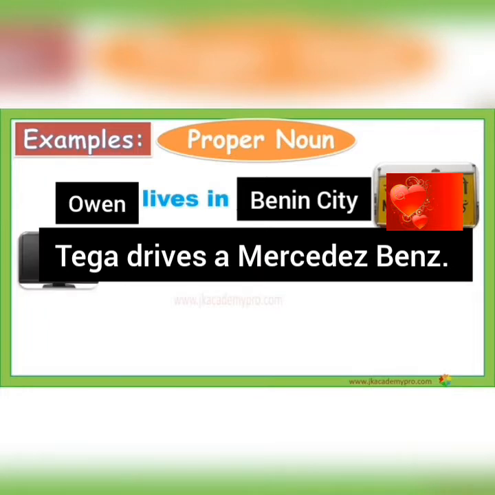Then we have Tega drives a Mercedes Benz. Tega is a proper noun, the name of a person. Mercedes Benz is also a proper noun, of course, a proper name of a car. Then we also have another example. In this example, we have Fluffy.